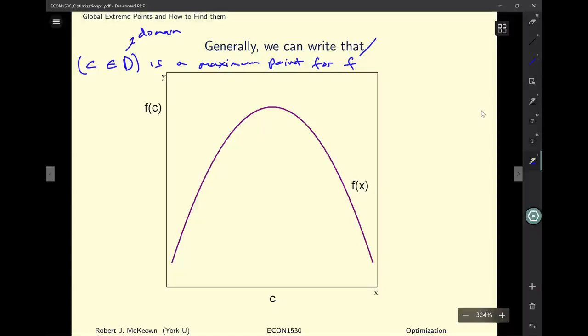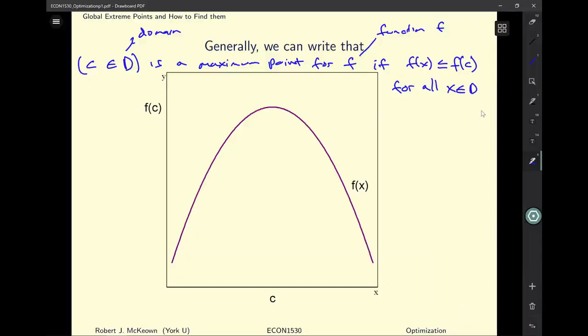This is our function f. If f of x is less than or equal to f of c for all other x that are in the domain D.